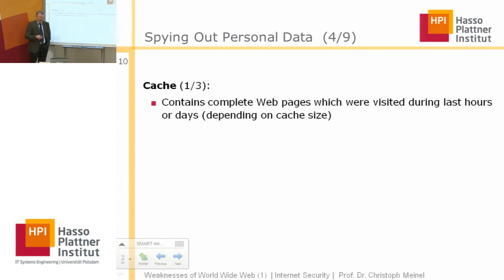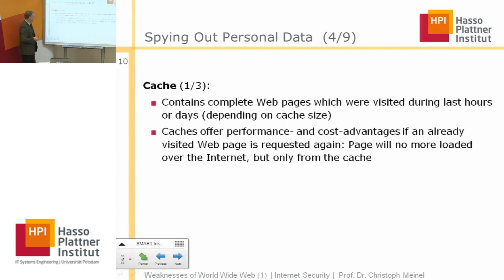Another activity log is a cache. Remember, the cache contains complete web pages which were visited during the last hours or days. How many of these pages are stored depends on the cache size, and the more powerful devices are, the larger typically is such a cache size.